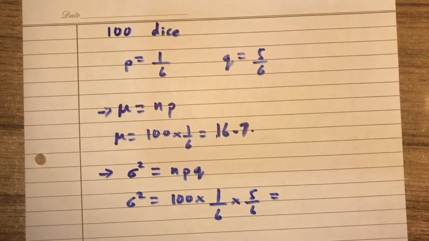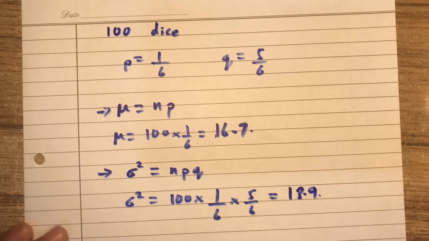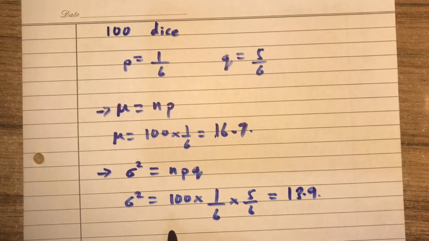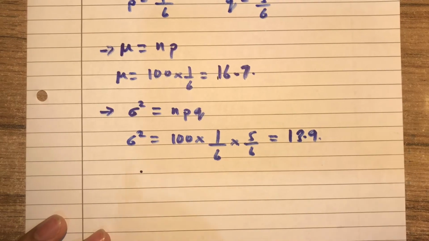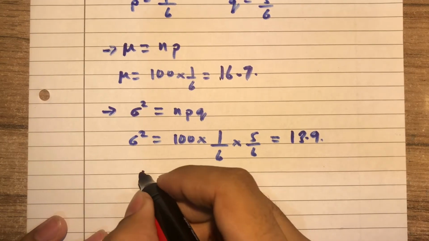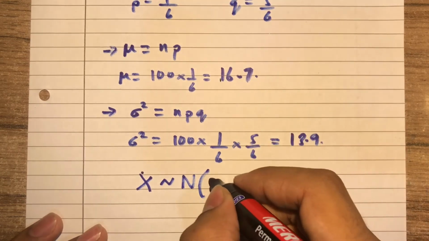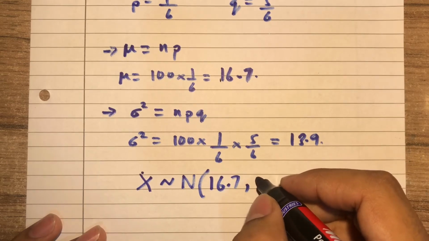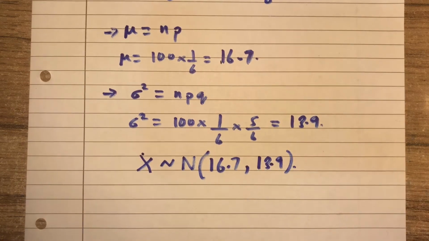This is equal to 13.9. So this is my mean. This is the variance, sorry, not standard deviation. So now I have converted my binomial distribution to a normal distribution. So x now follows normal. The mean is 16.7 and the variance is 13.9.